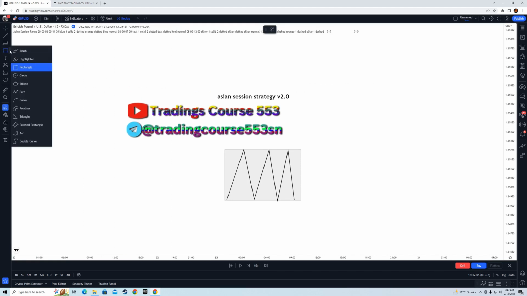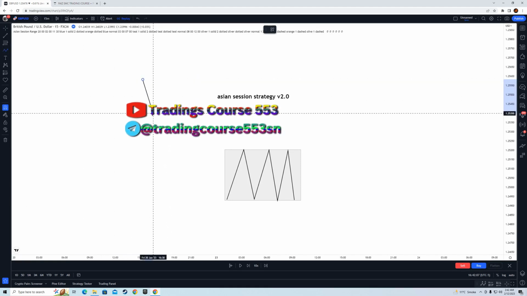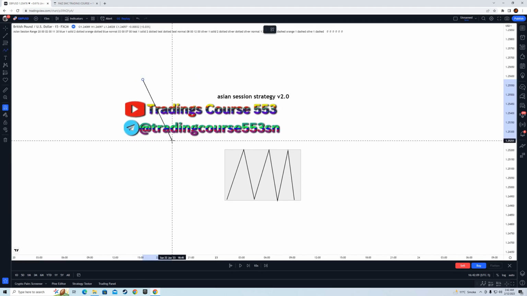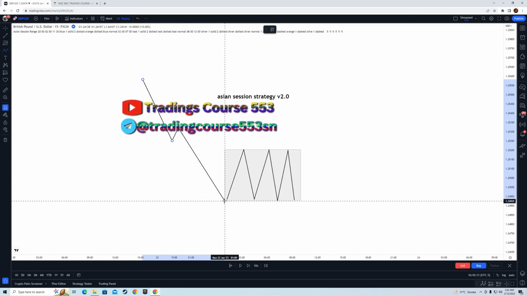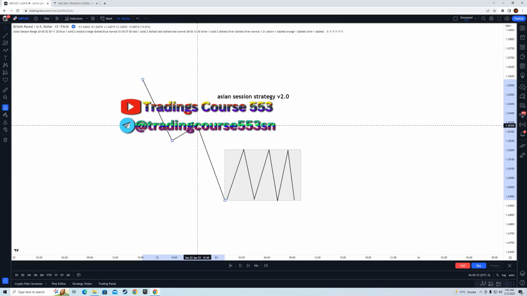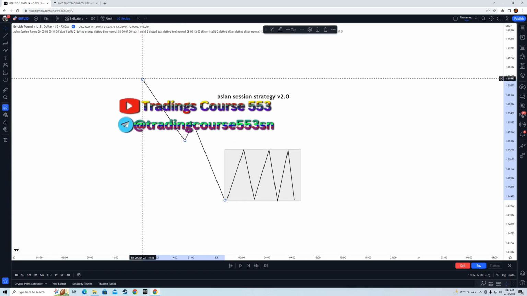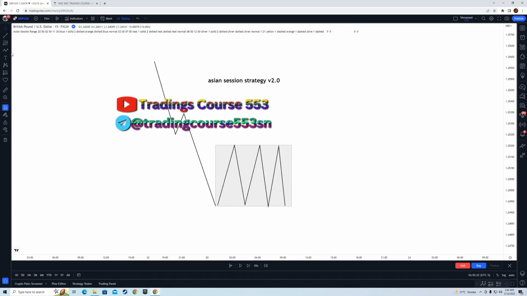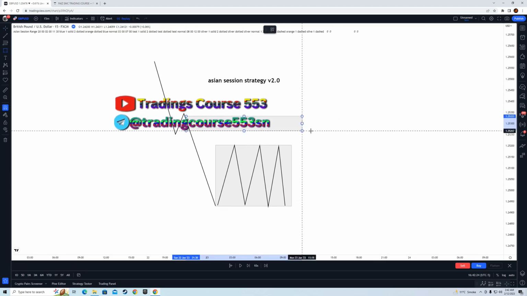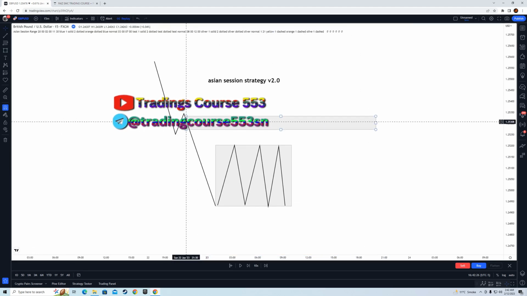So let's assume you have a POI right here, which could be an order block.